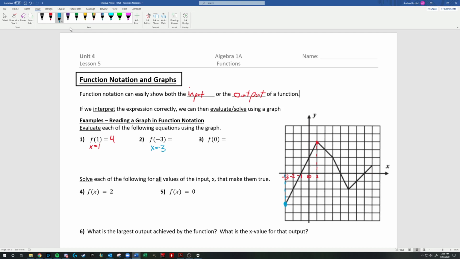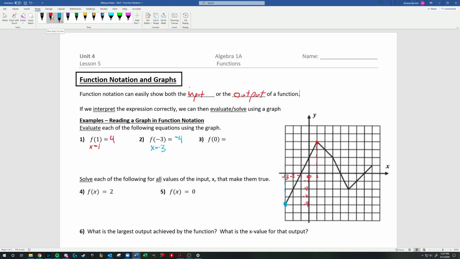This point on the line has the correct x coordinate of negative 3. We can look over to the y-axis. If that was numbered, we would be able to see it there, or we can count. So this would be negative 1, negative 2, negative 3, and negative 4. Again, these are negative because we're going down in the y direction. So this would be negative 4 for our output on this point.